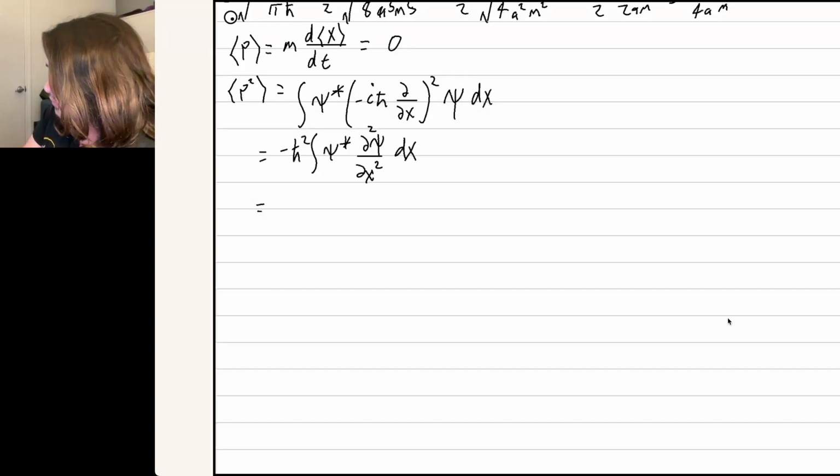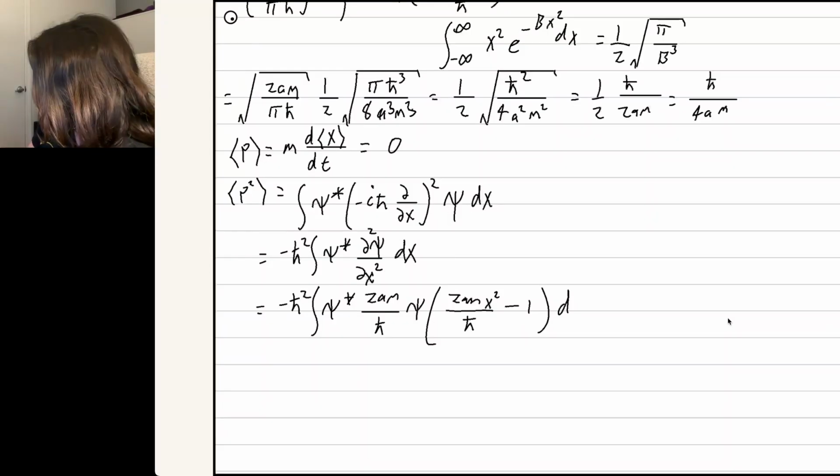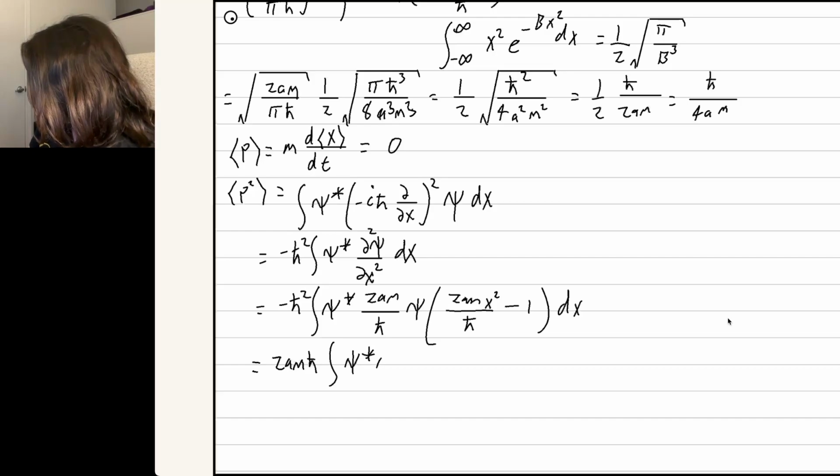Okay, we have a form for the second derivative of the wave function. I'm just going to go grab that. Moving the prefactor out and distributing the negative sign will give you 2am h bar integral of psi star psi times (1 minus 2am x squared over h bar).